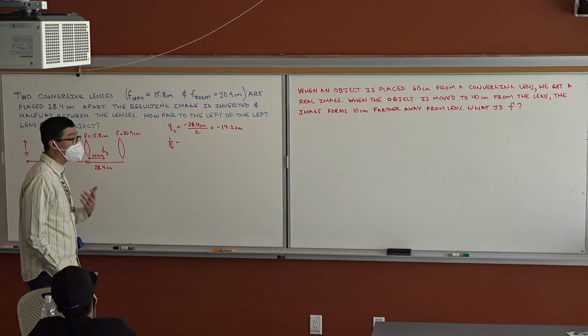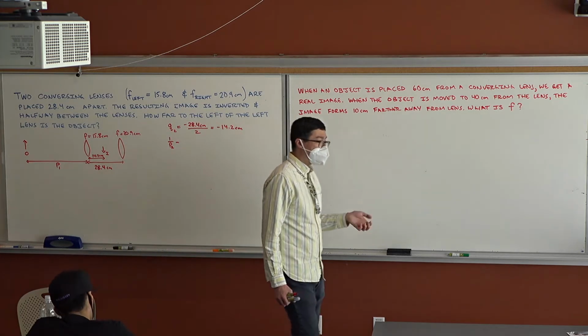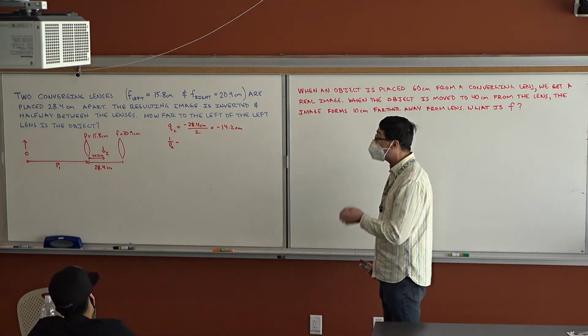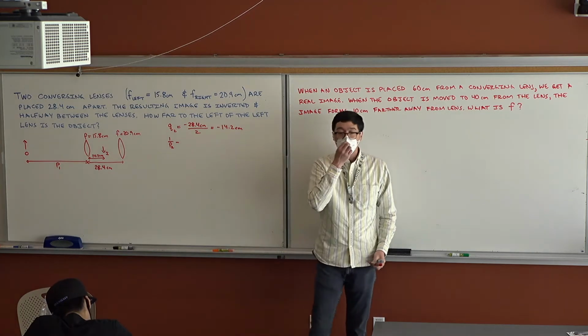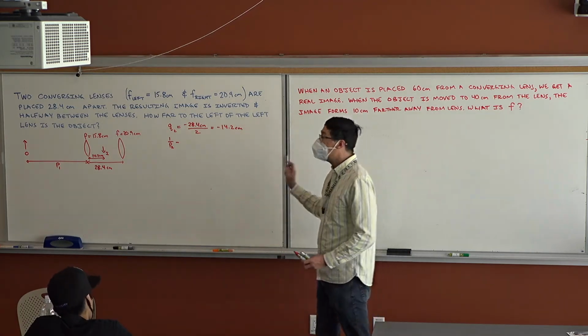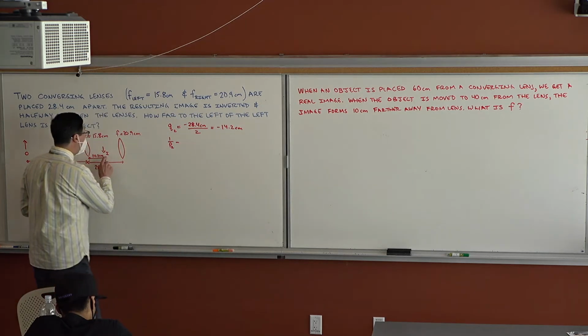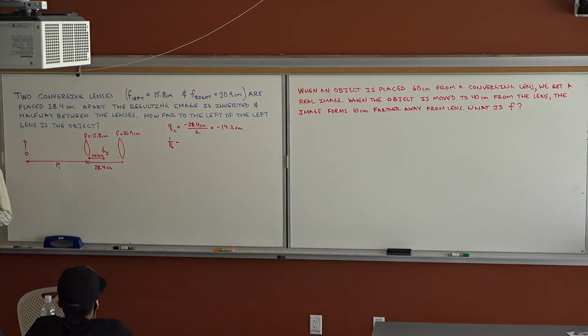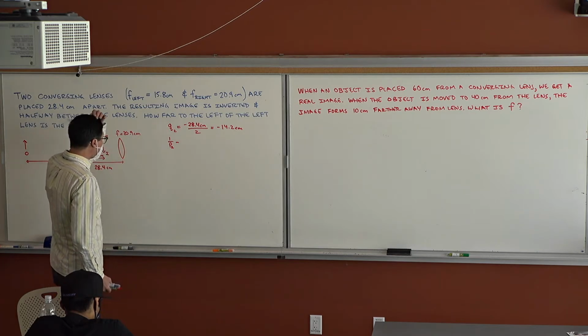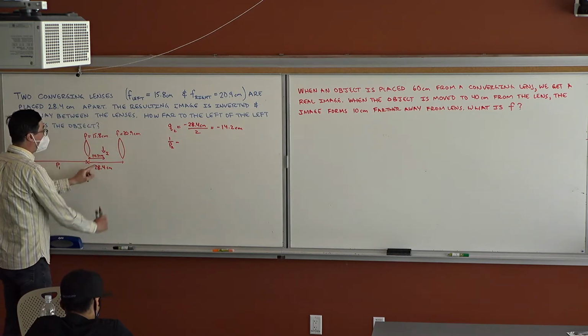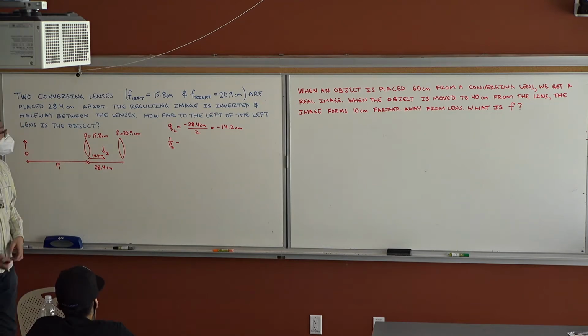This probably seems harder than it really is. It's really not that bad, but the trick is we have to work backwards, because what we know is where the image from the second lens wound up. Since it's halfway in between, half of this 28.4 is 14.2 centimeters.